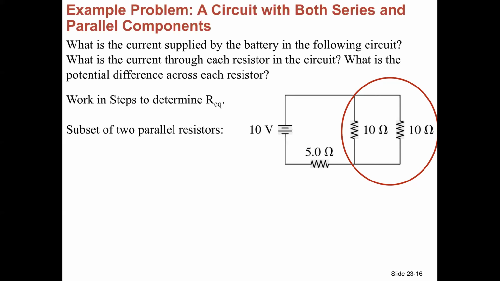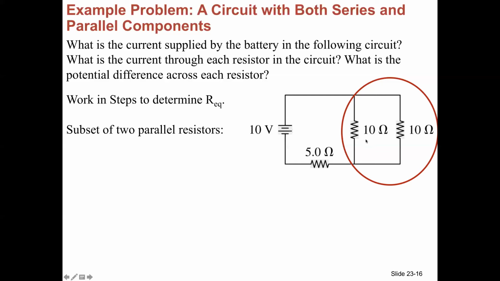And then draw the new circuit and then find the equivalent resistance like that. We end up working in steps until we get down to just one equivalent resistor. So we have to look for pairs of series or parallel resistors and replace those pairs with an equivalent and then redraw the circuit. So you have to work in steps here.